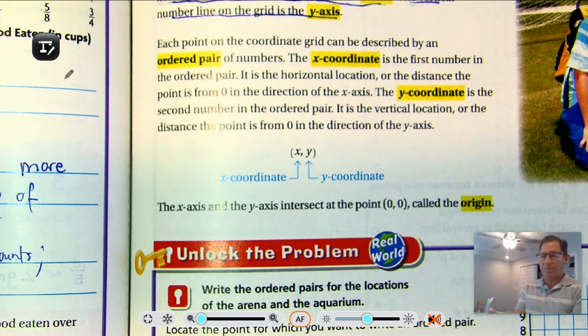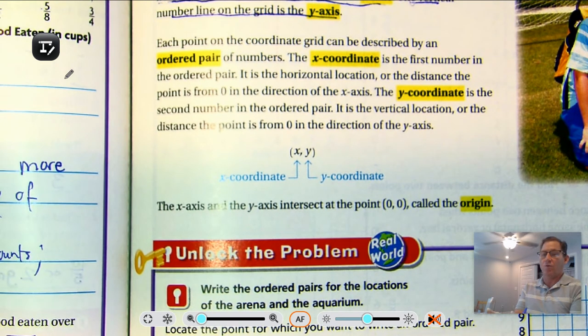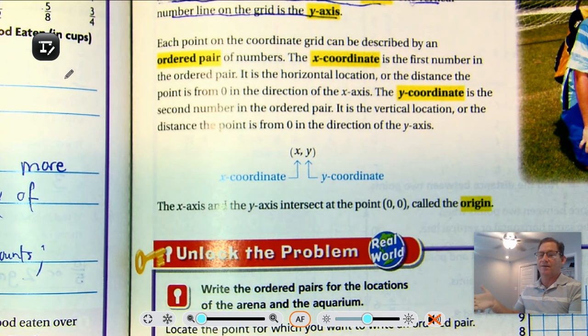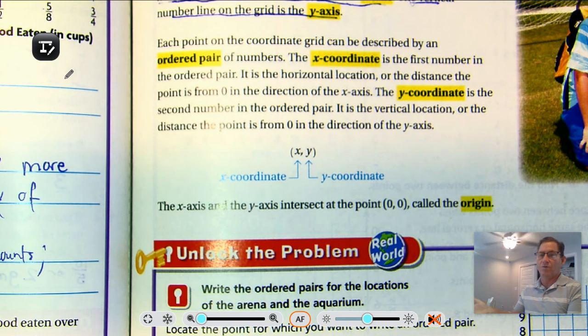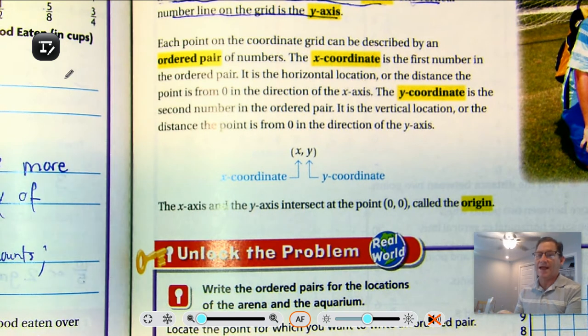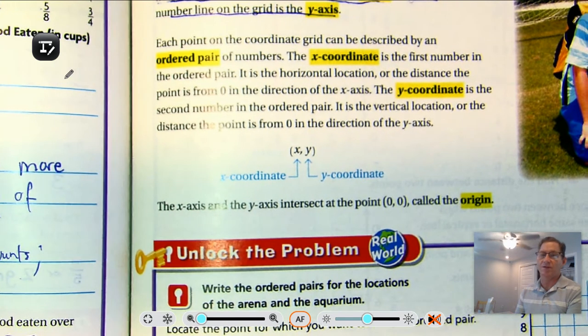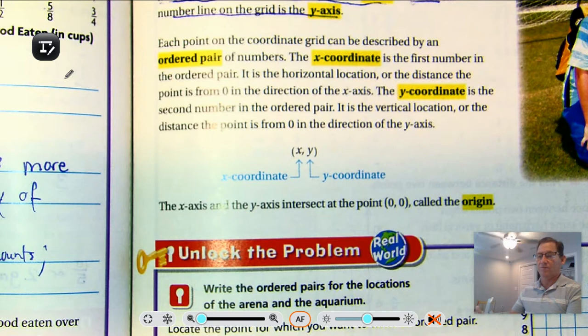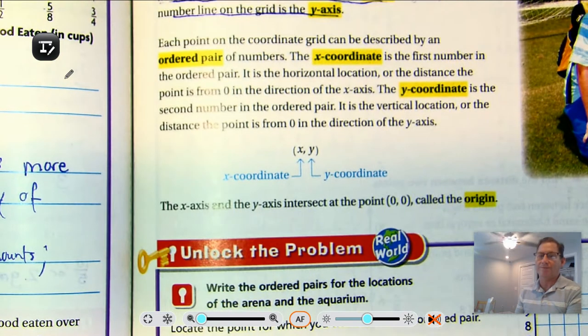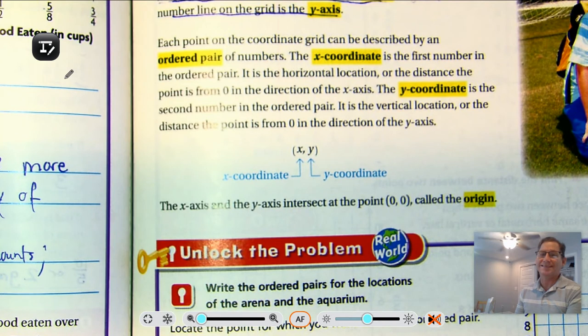So we're going to start at 0, the origin, and find the distance in the left or right direction. That would be the x coordinate, so that number comes first. Then from there, we're going to go up or down along the y coordinate. The y coordinate is listed second.